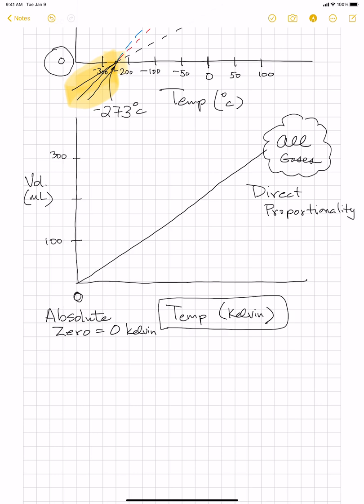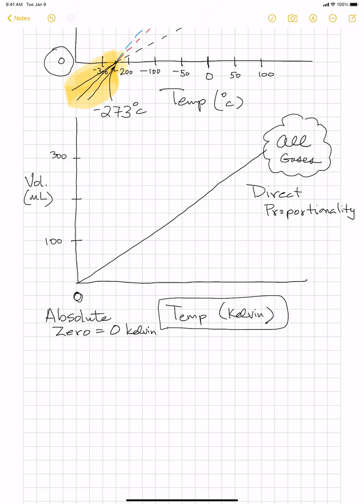What that means is if you double the temperature, you double the volume. If you quadruple the temperature, you quadruple the volume. This graph line is linear and constant. So it's direct proportionality from absolute zero all the way up to as hot as you can make it.